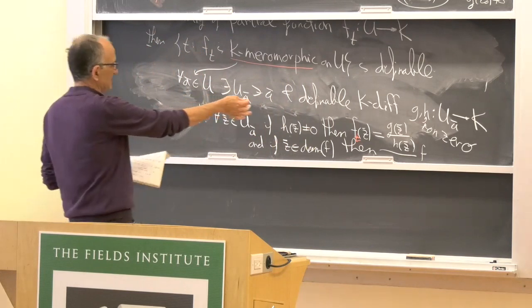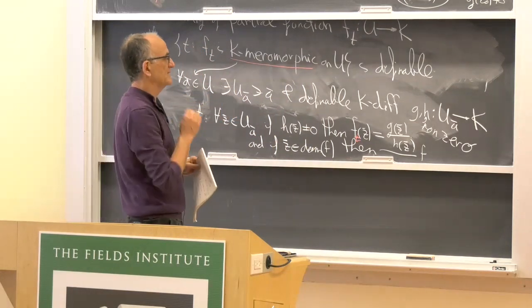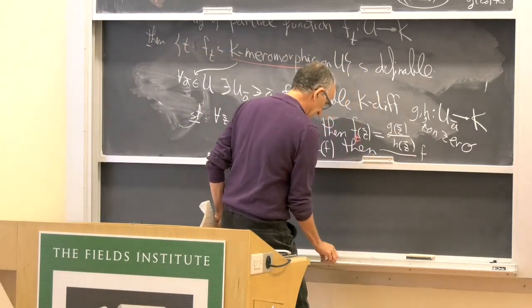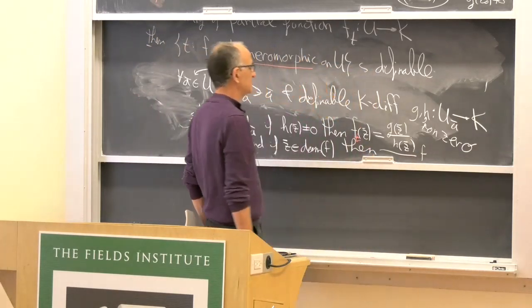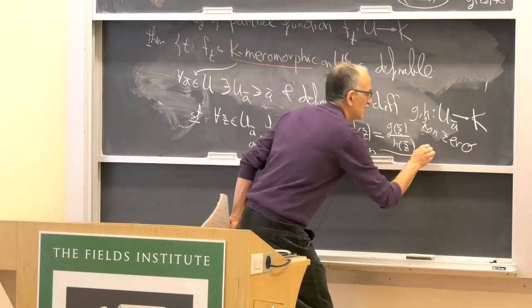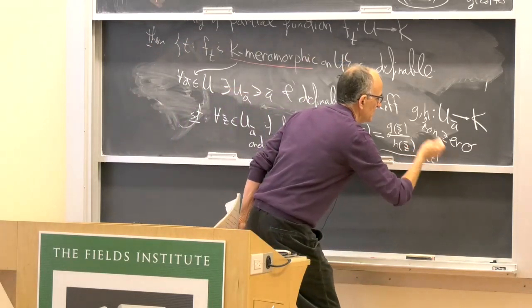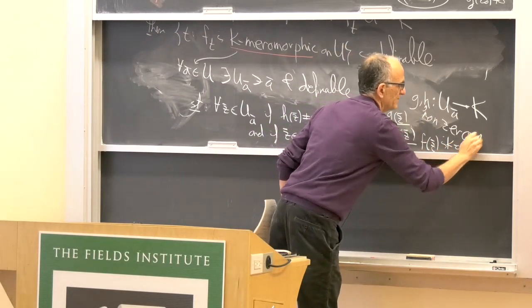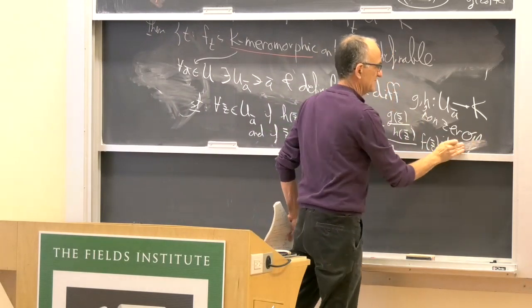So I'll write this, and I have 3 minutes. I will finish. Then f of z is definable, exactly outside the zero set of h, and you can even say it's K-differentiable outside. Okay, maybe I made my life complicated by writing it so general.